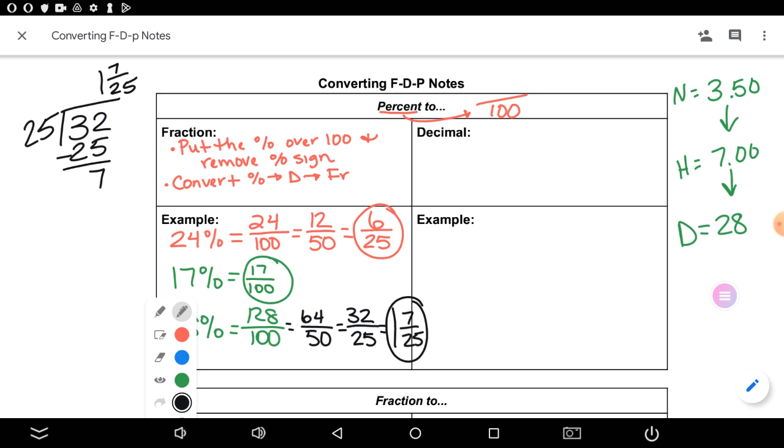Okay, so she said move our decimal point 2 times to the left, and she's correct, but I'm going to put it properly. We divide the percentage by 100, which means we just move, I'm going to put DP, what do I mean by DP? Decimal point 2 places to the left.